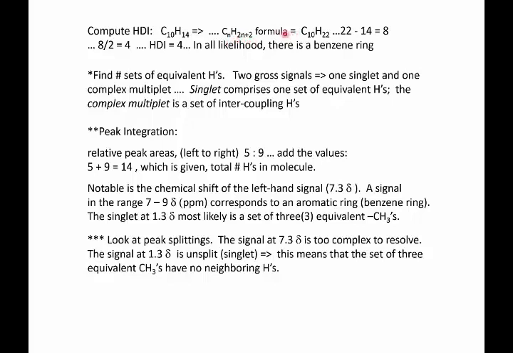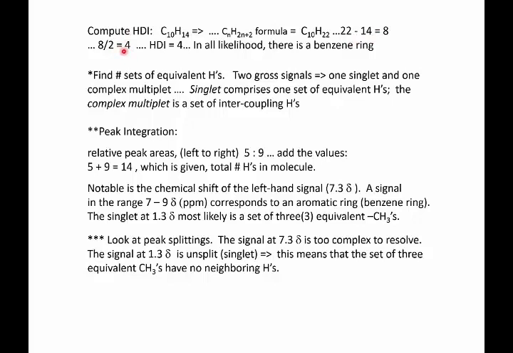You're going to take the number 22 and subtract from it the number of hydrogens in our actual hydrocarbon formula, 14. So that's 22 minus 14. That's 8. Take the 8 divided by 2 and you get 4. Compound Y has an HDI of 4.